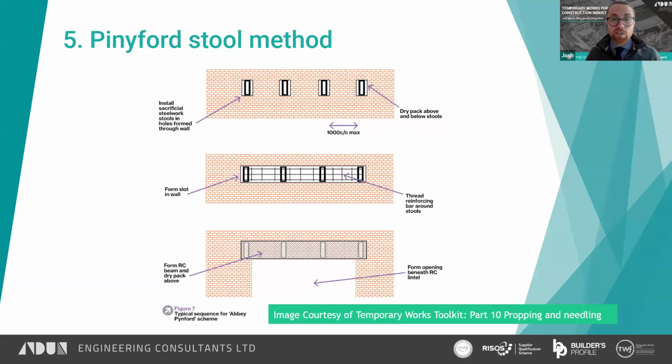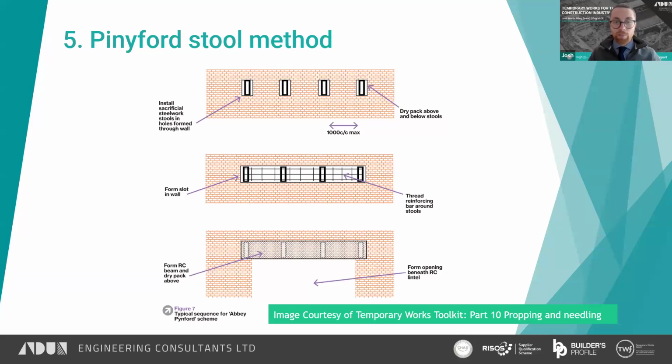So the sequence here is to break out the pockets in the wall and insert some stools, which are usually steel. And then once these stools are in and dry packed, i.e. ready to take the load from above because the support is tight, then the lintel channel is formed. And into this channel, we can slot rebar, and then the new lintel is placed.